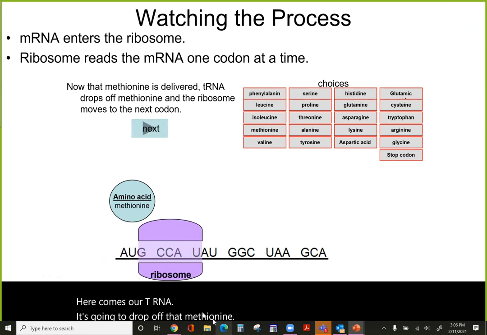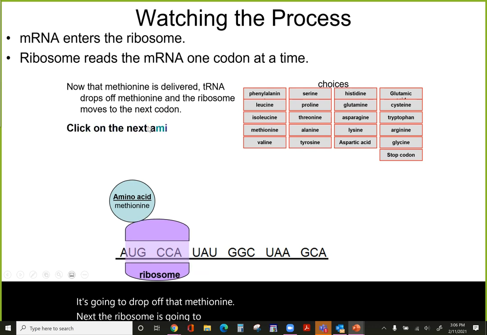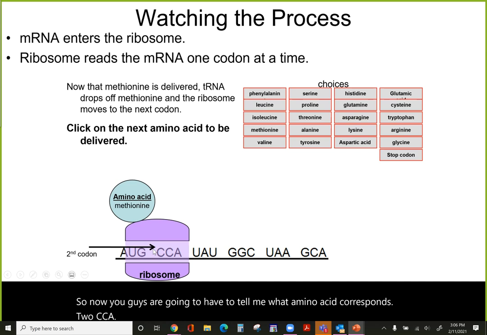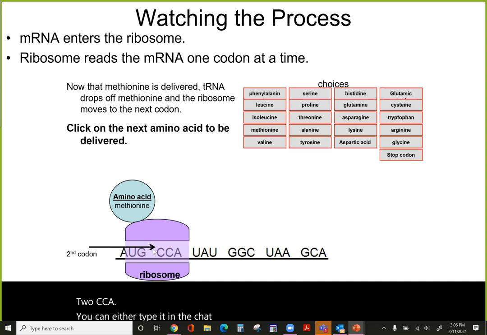Next, the ribosome is going to read CCA. So now you guys are going to have to tell me what amino acid corresponds to CCA. You can either type it in the chat or you can just tell me.